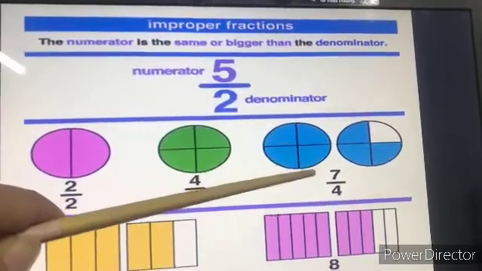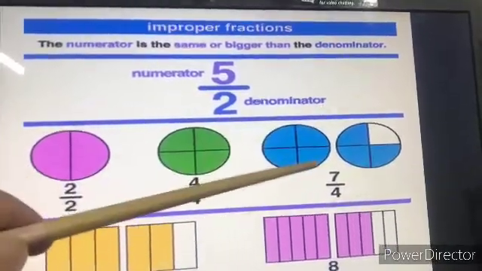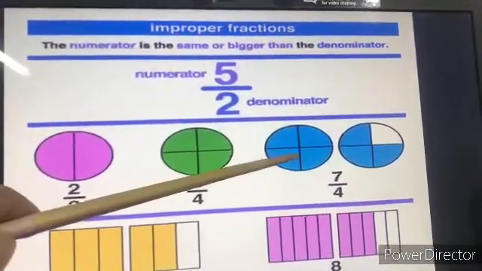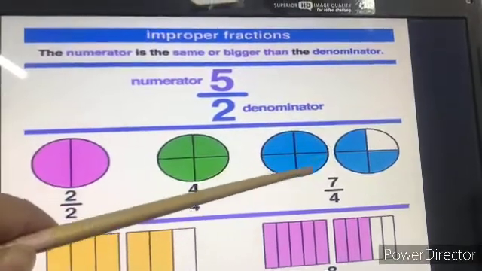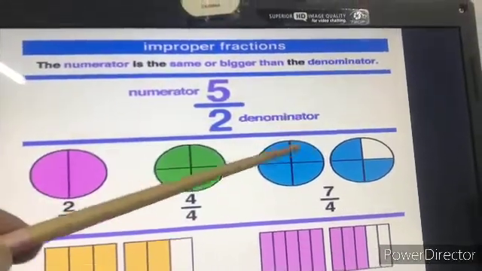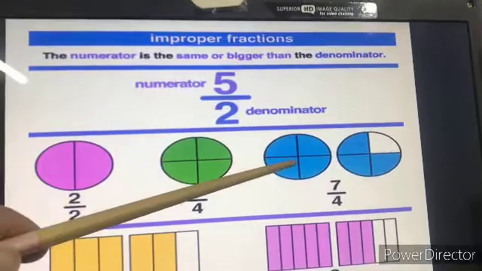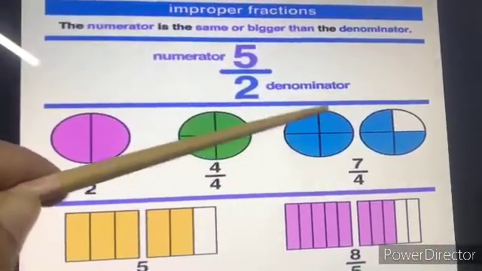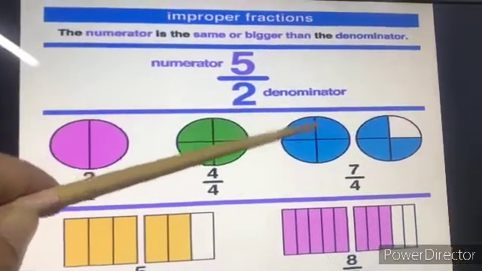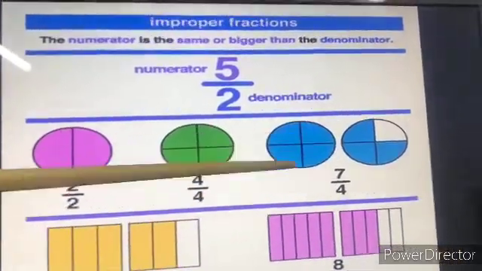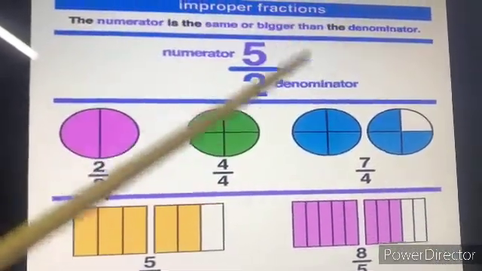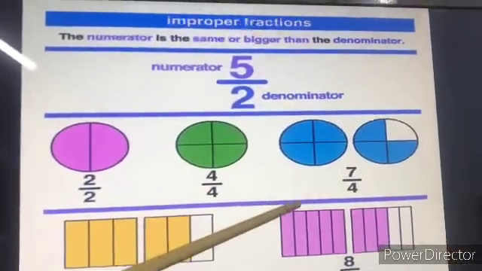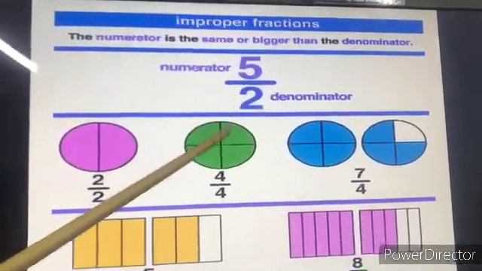Now, I'll explain again with your favorite thing, pizzas. You have a pizza and your mother wants you to share it with your friends, and you have 7 friends. One pizza has 4 slices. How can you share that one pizza with 7 friends? It's not possible.